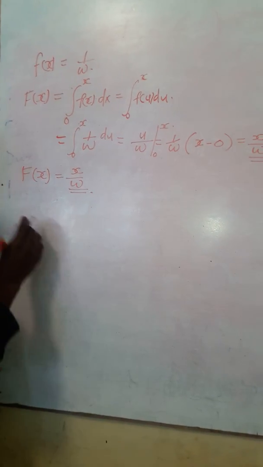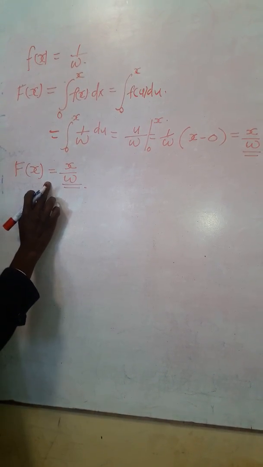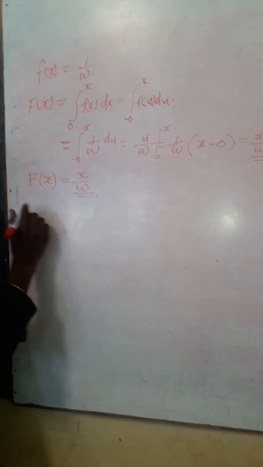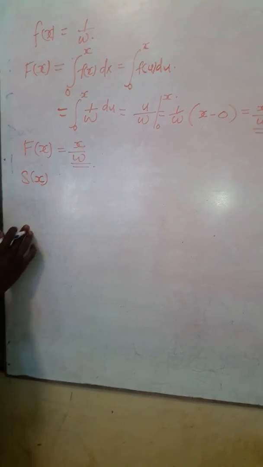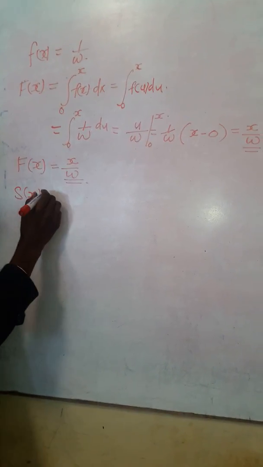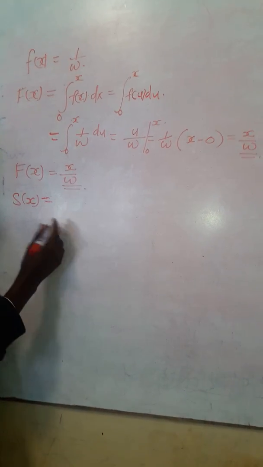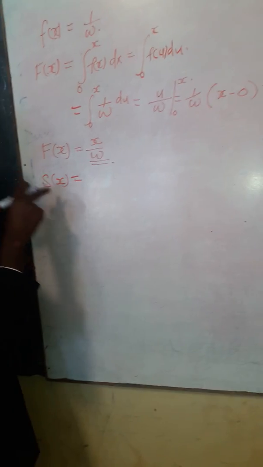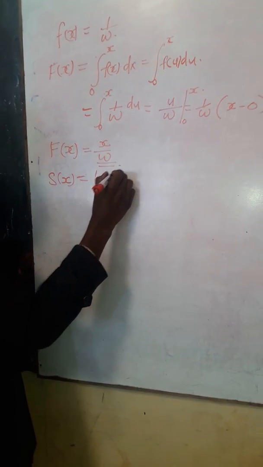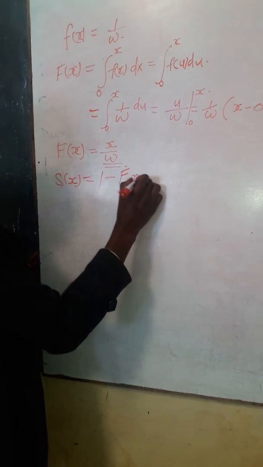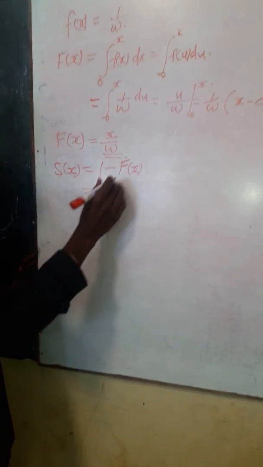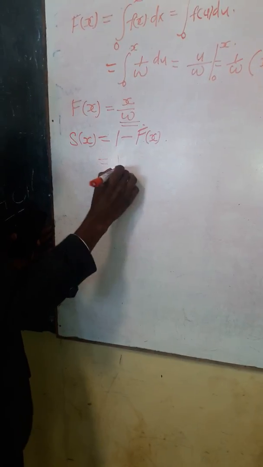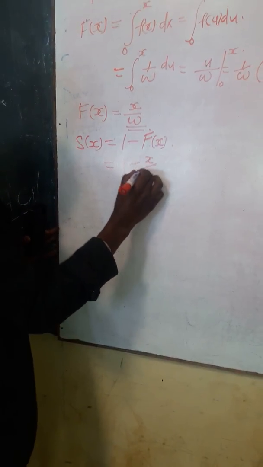Now, given the cumulative function, we can use it to find the survival function s of x. We know the relationship that the survival function is given by 1 minus the cumulative distribution function. Our cumulative distribution function is x over omega.